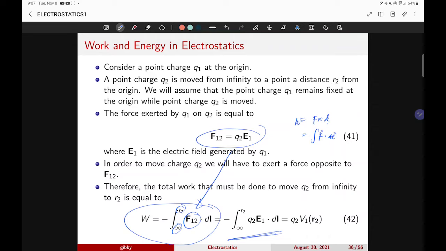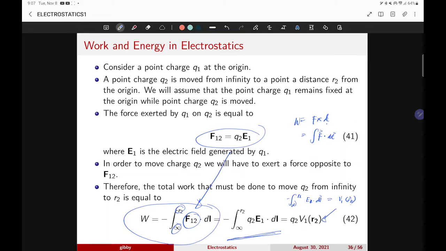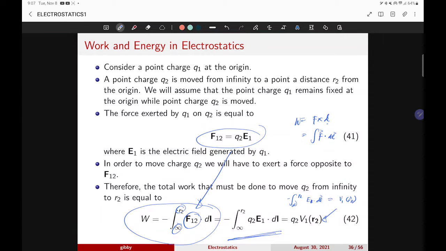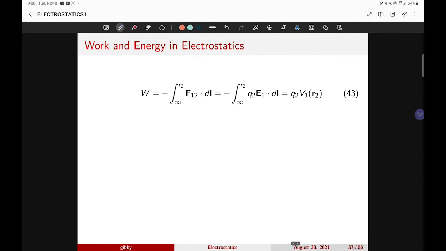And if you take a closer look, this entity, E2.dl, this is the definition of the potential, right? And this is E1, E1.dl. So that is the definition of the potential. So potential is just the line integral of E dl. So I just rewrote the equation.